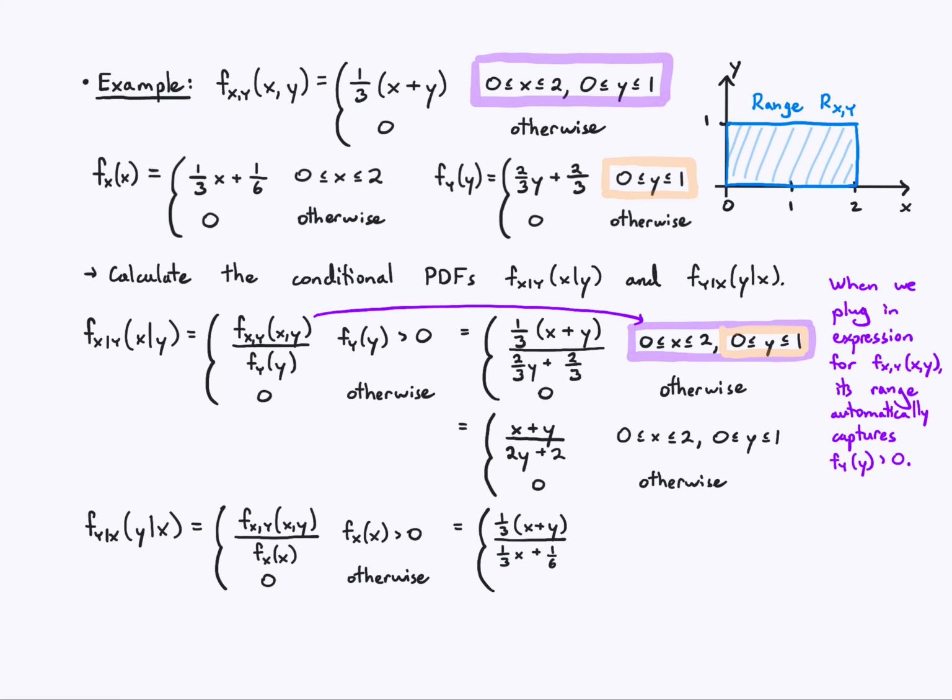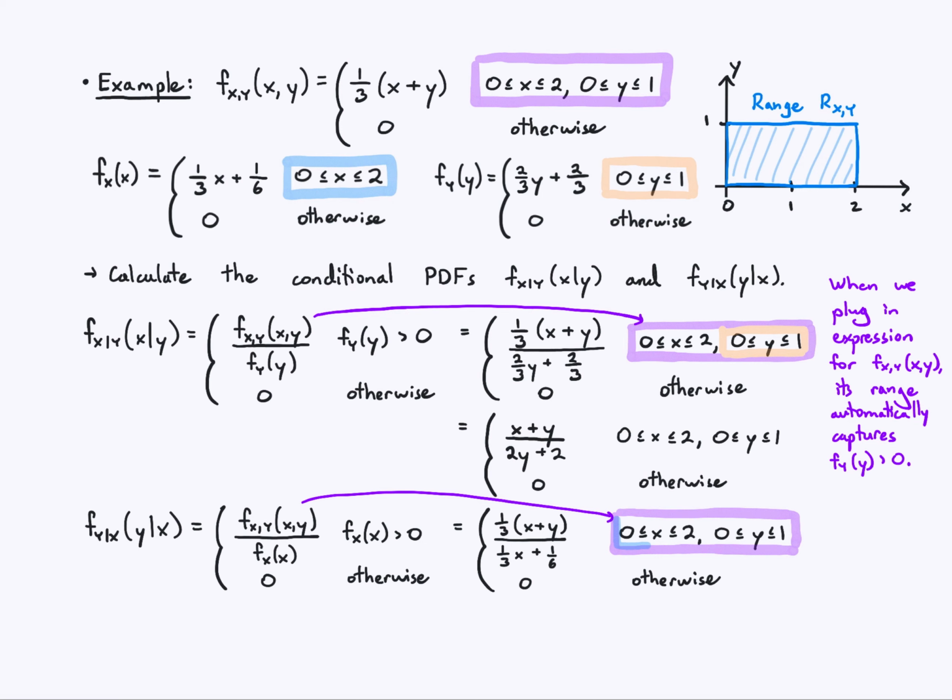I have the marginal PDF in the denominator. When I put in the range of the joint PDF, which is part of that function, I note that it itself captures the range where the marginal of x is positive. So this f of x, y is what gives me this range, and I double check that the 0 to 2 condition for x is already satisfied here.